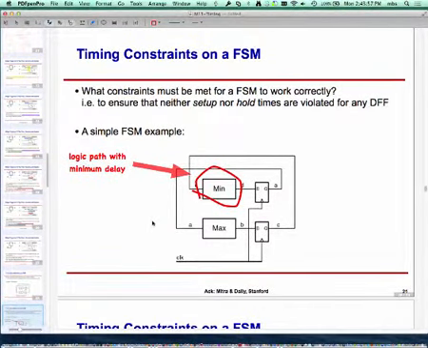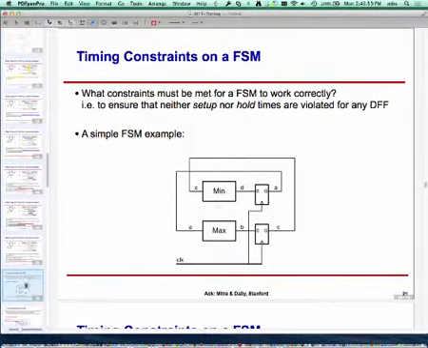So let's imagine that my combinational logic out here, the logic which is computing the next state, and possibly output also, but let's focus on the next state, has two paths. There is a path which is the fastest path, which we have called min, and another path which is the slow path, which we have called max.